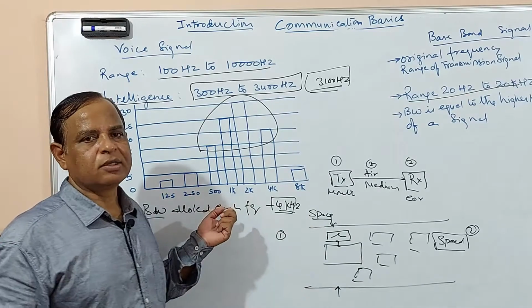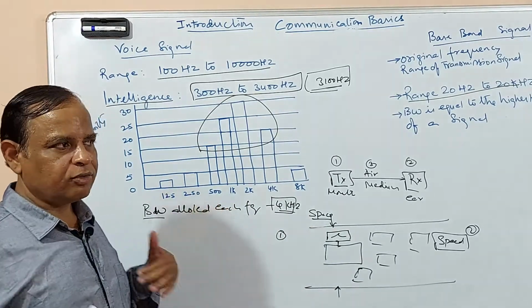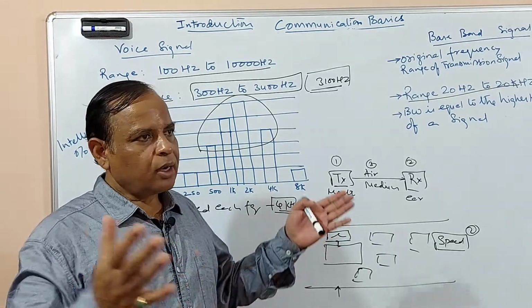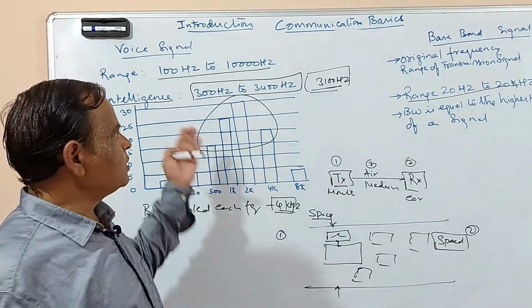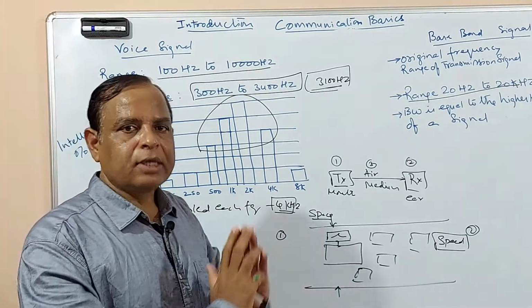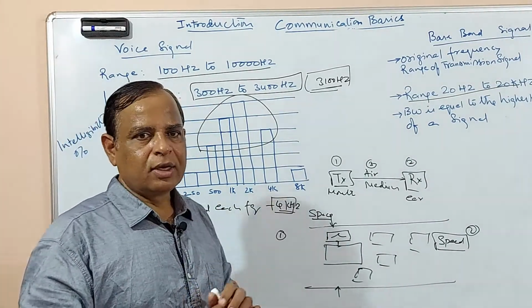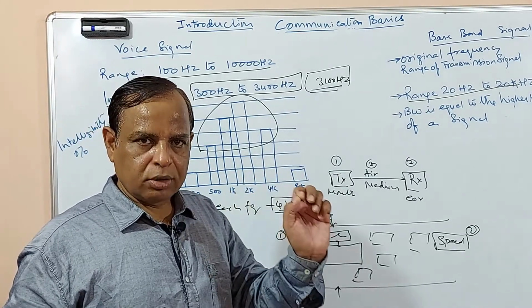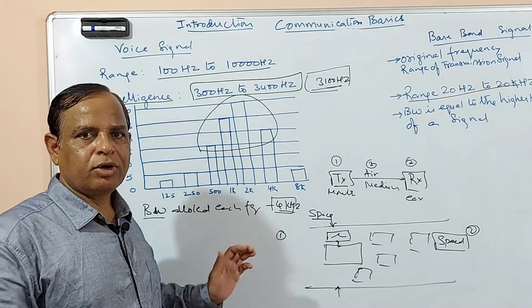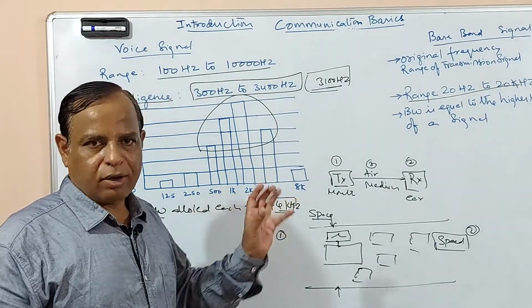This is one of the reasons. When you listen to a person face to face, you get all the frequencies that are generated. But here, we are sending only the intelligence. There is a small difference when you listen to a person through the telephone. This is the logic, because we are only processing some part of it.